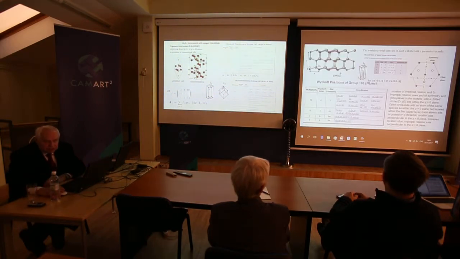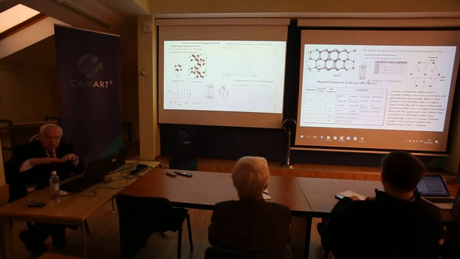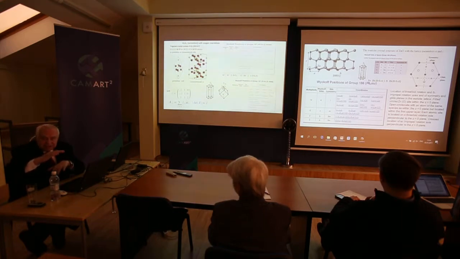Wurtzite structure, it is very popular. You know that crystals like silicon oxide are layered crystals. There is a different interaction inside of the layer and between layers.